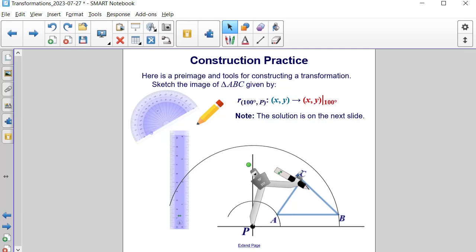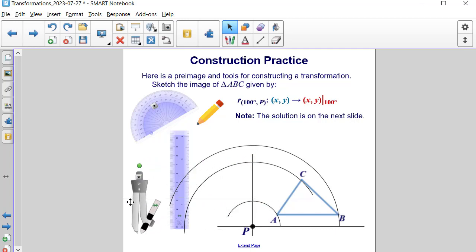And draw this arc in as well. Now that the arcs are drawn, we can measure 100 degrees from each point to determine where the new point will be. So let's first move our compass back to where it was so it's out of the way.